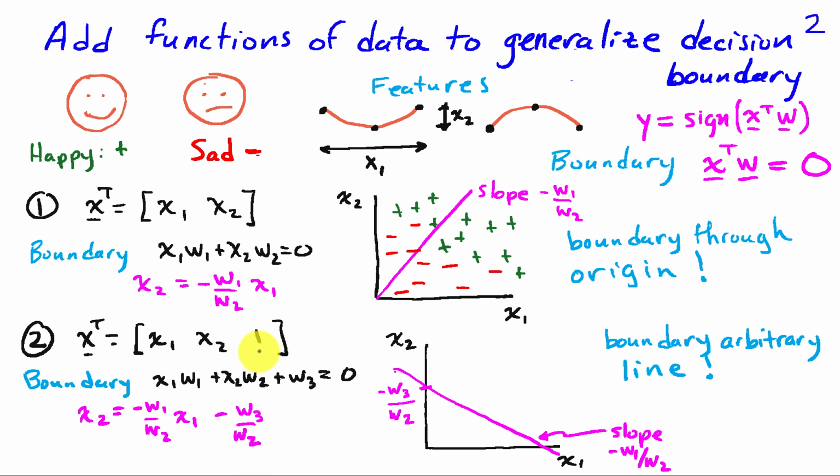So by adding this constant term, we've allowed our decision boundary to have an arbitrary intercept. And thus, with this feature vector, we have an arbitrary line as our decision boundary. So that might do a little bit better if our data is divided up as we had in this case.